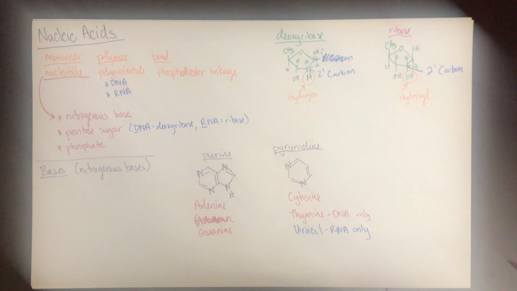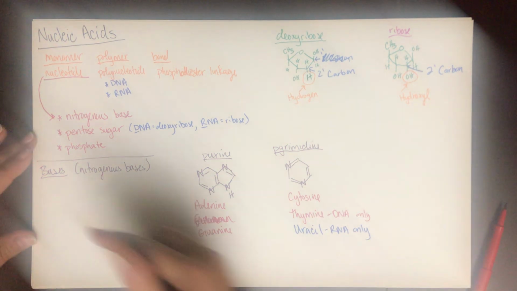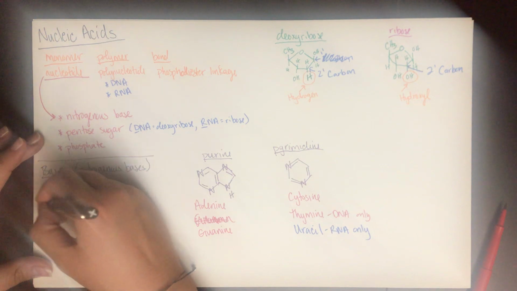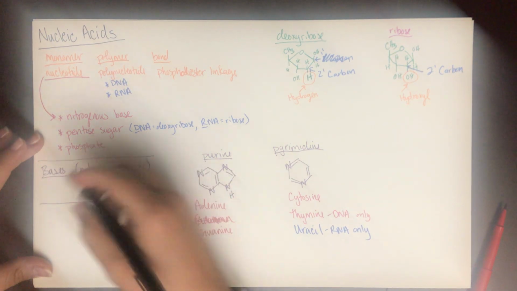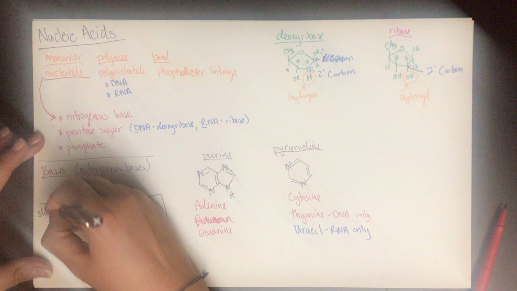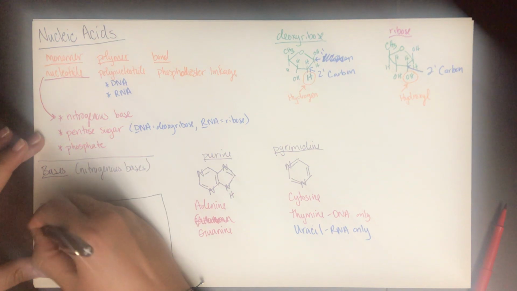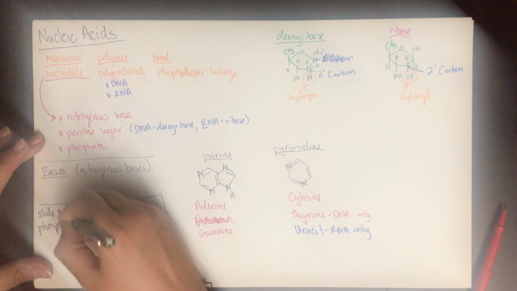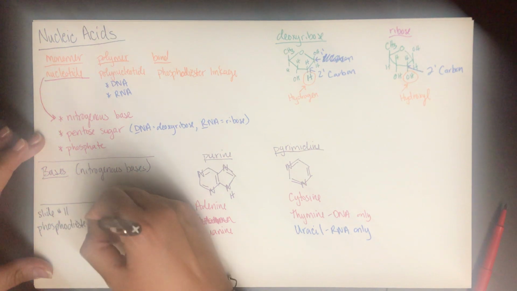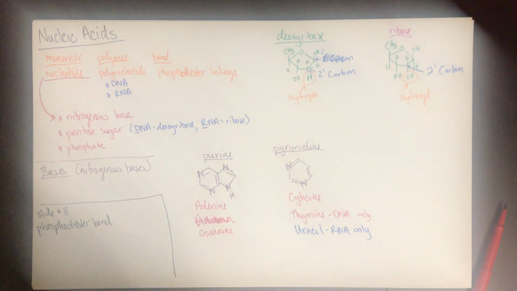Okay, so the way that these nitrogenous bases, sugars, and phosphates are linked together is what's called a phosphodiester bond. And this is on slide 11. And it has a direction.